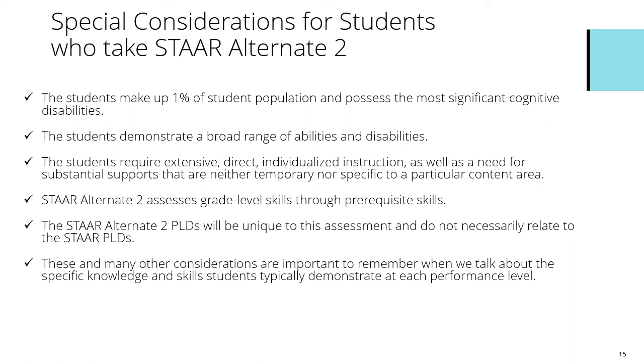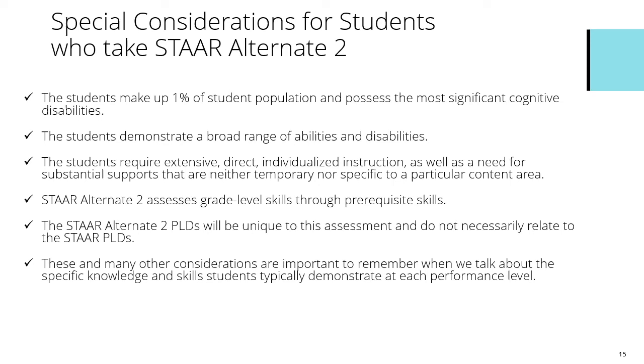The students demonstrate a broad range of abilities and disabilities. The students require extensive, direct, individualized instruction, as well as a need for substantial supports that are neither temporary nor specific to a particular content area.